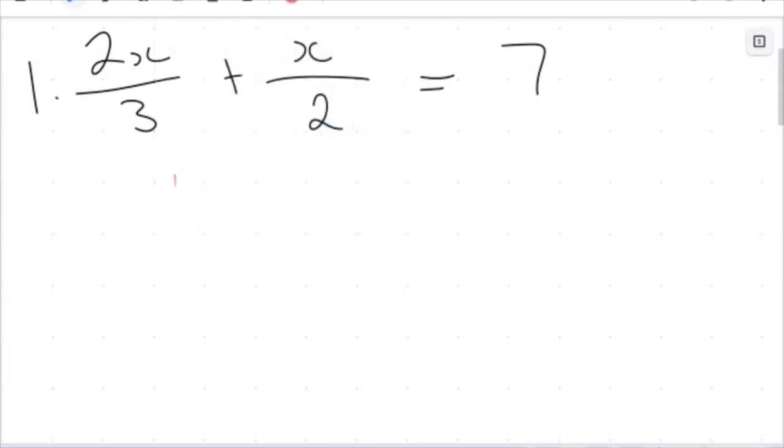So once again, we want to find the lowest common denominator between these two here. I'm working through this a bit quicker because I assume by now you'd be quite comfortable with adding these algebraic fractions. So our lowest common denominator is 6 here.